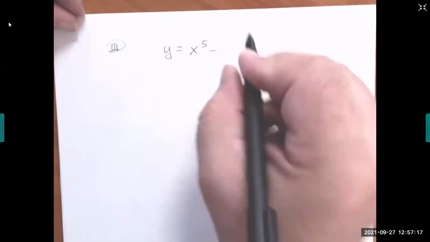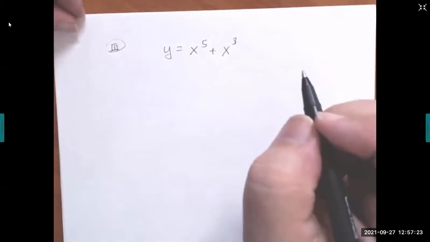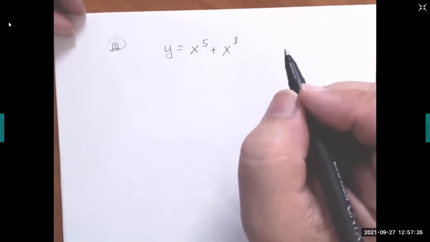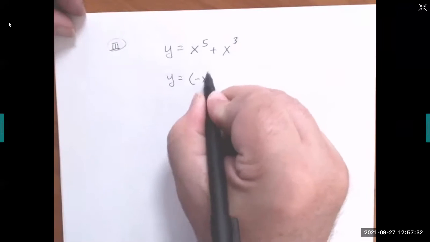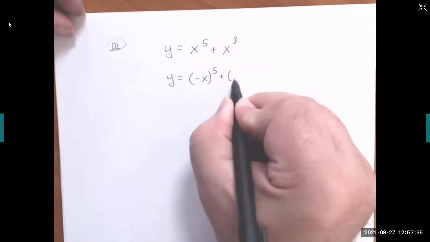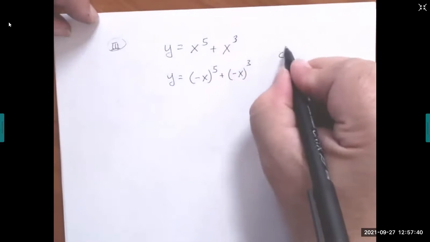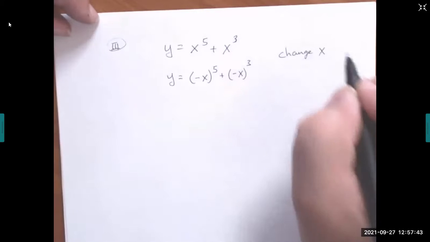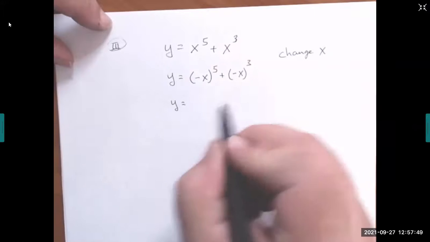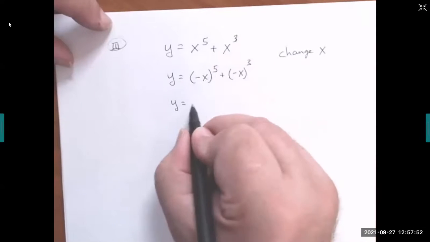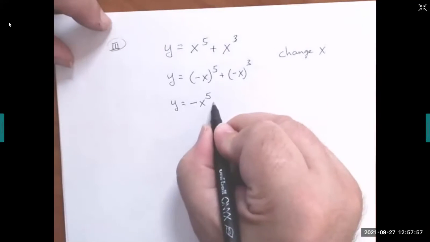x to the fifth minus x, let's make it plus x cubed. First thing to do is change the sign of x. The negative to a fifth power is still going to give us a negative answer. Same thing here.